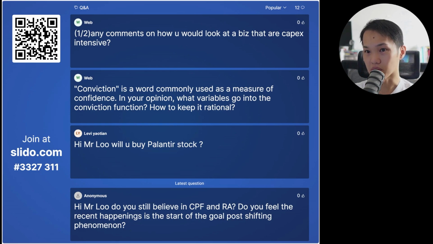I think I just mentioned this. High capex is fine as long as you are confident that all this capex is able to translate to earnings and cash flow in the future. Say, for example, even companies like Microsoft, where they are buying a lot of NVIDIA GPUs, right? If you look at their financial statements, I believe all this spending on GPUs shows up in their capex.